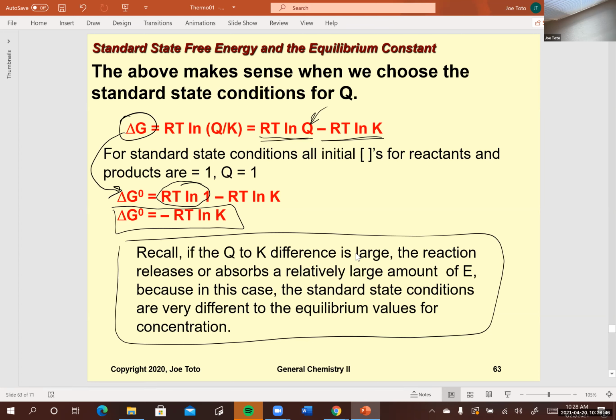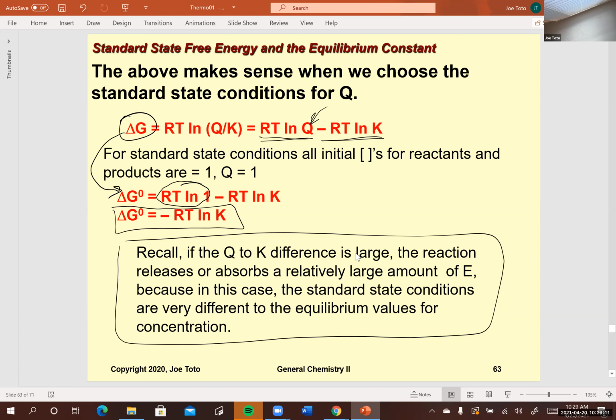When Q is larger than K, it's too far to the right. It needs to convert some products to reactants, reducing Q until it equals K, and vice versa when Q is less than K.